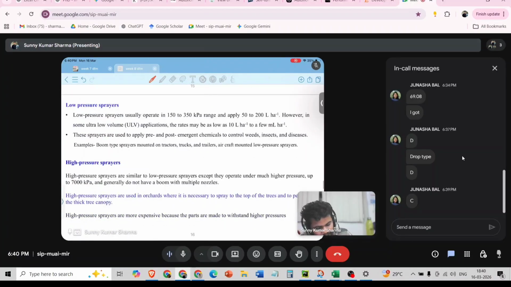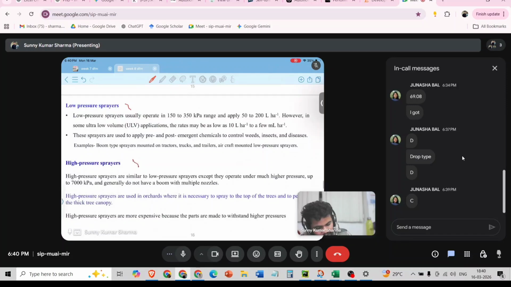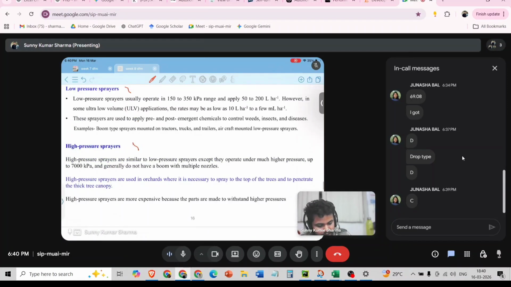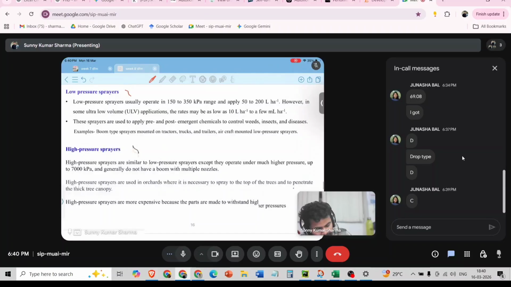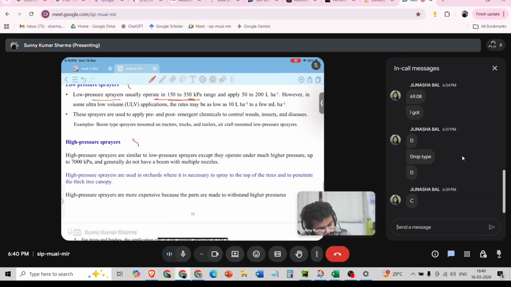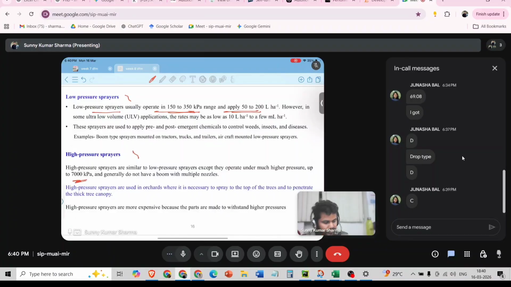And there are two types of sprayer for this: low pressure sprayer and high pressure sprayer. Low pressure sprayer works between the operating range of 150 to 350 kilopascal, and high pressure works for up to 7000 kilopascal. And here the application rate is 50 to 200 liter per hectare. Here it should be more than that.